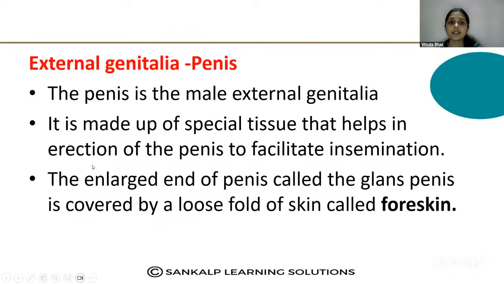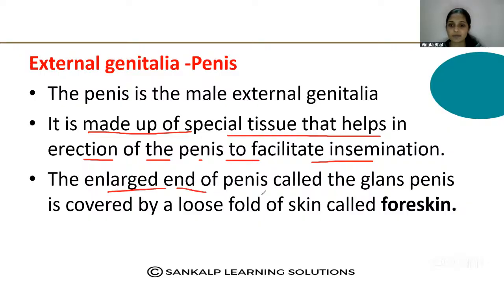Then the external genitalia, that is the penis. The penis is the male external genitalia. It is made up of special tissue that helps the erection of the penis and facilitates insemination. It also has an enlarged end that you can see in the diagram, called the glans penis, and it is covered by a loose fold of skin called the foreskin.